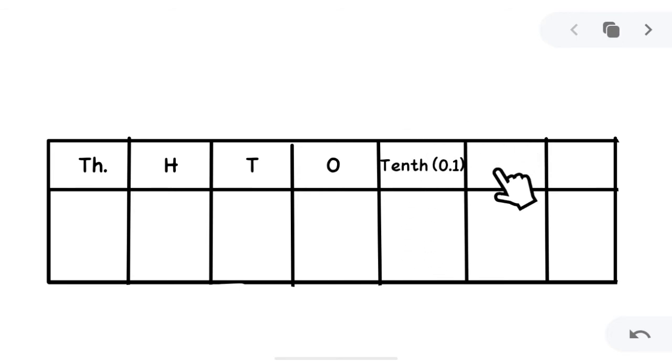Now the next position, as you can see, when we will move the next position from 10th place is 100th place. What is this 100th place now?